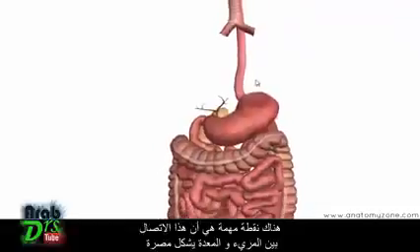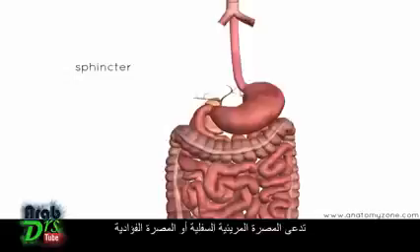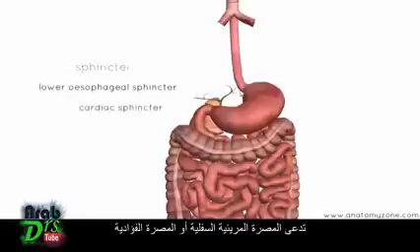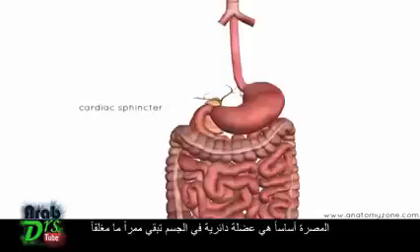Something to point out is that at this junction between the esophagus and the stomach, you have a sphincter, and this is called the lower esophageal sphincter, or the cardiac sphincter, because it lies in the cardiac region. A sphincter is essentially a circular muscle in the body which keeps a passage closed.